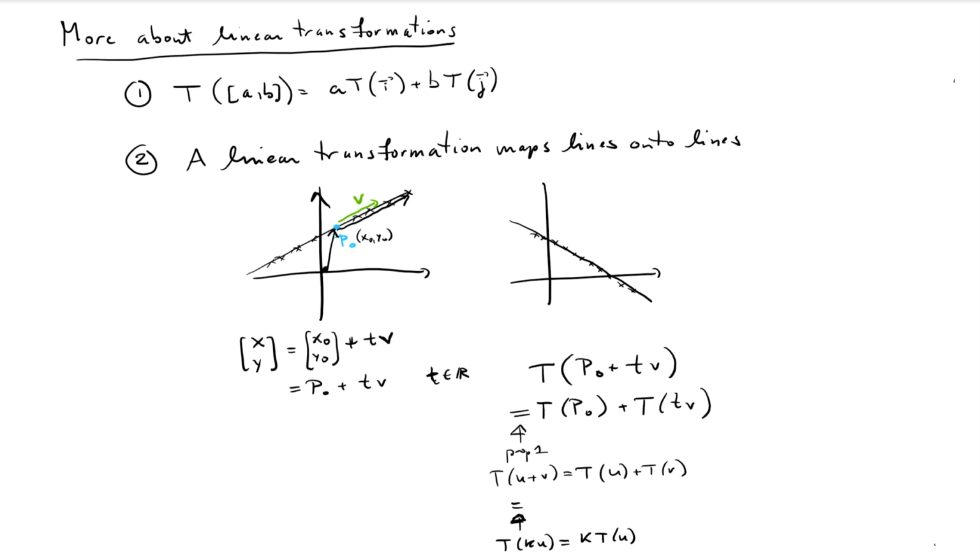In other words, you can pull out the t. I'm not changing the first term, and the t I'm pulling out, so I get T of P0 plus t times T of v.